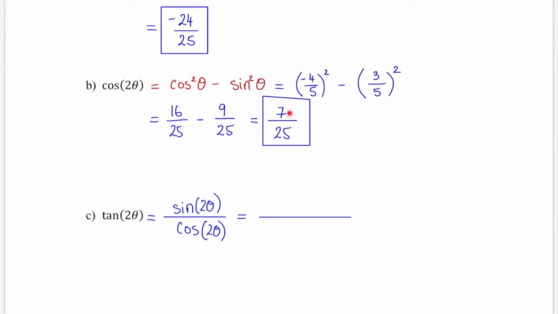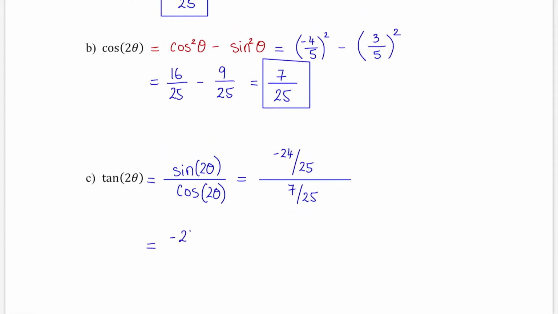Cosine of 2 theta is 7 over 25. So I have negative 24 over 25 times 25 over 7. 25 cancels out with 25. I end up with negative 24 over 7.